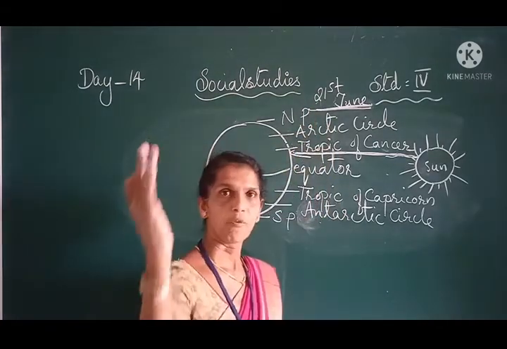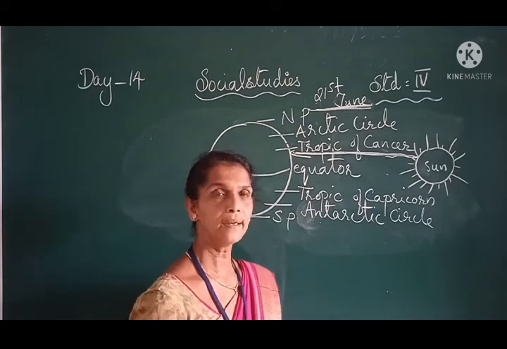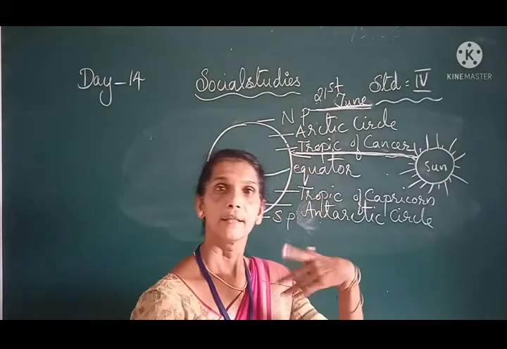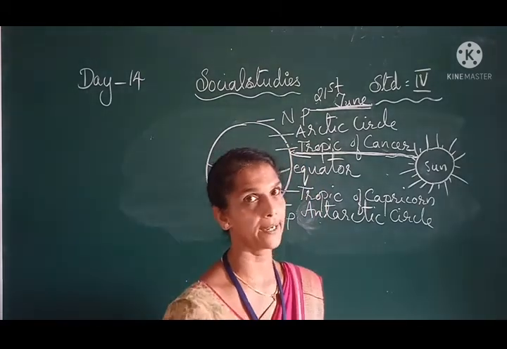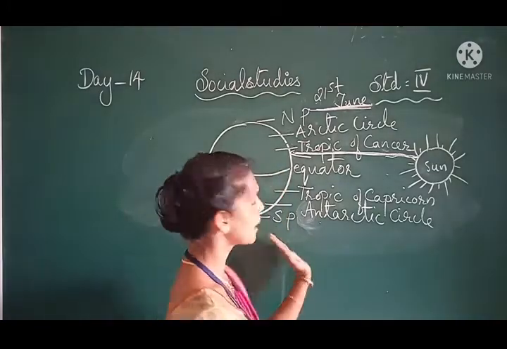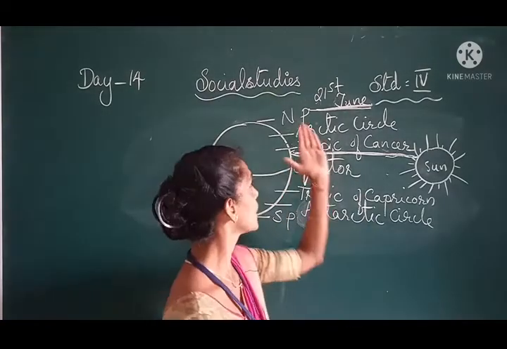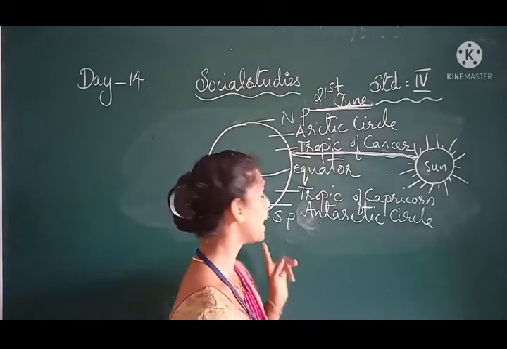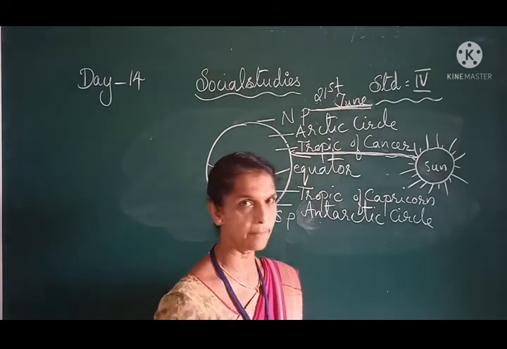While the earth is moving, sometimes the North Pole gets nearer and sometimes the South Pole gets nearer. We have learned that sometimes this part or that part comes closer to the sun.